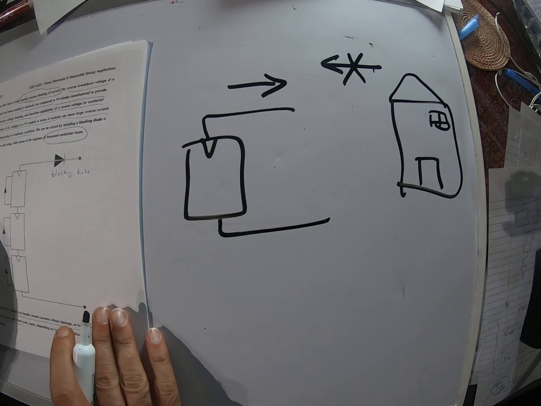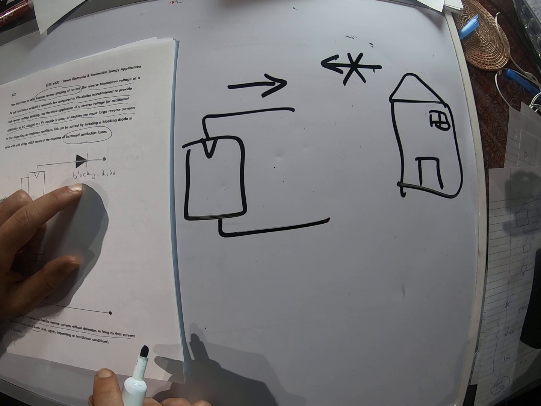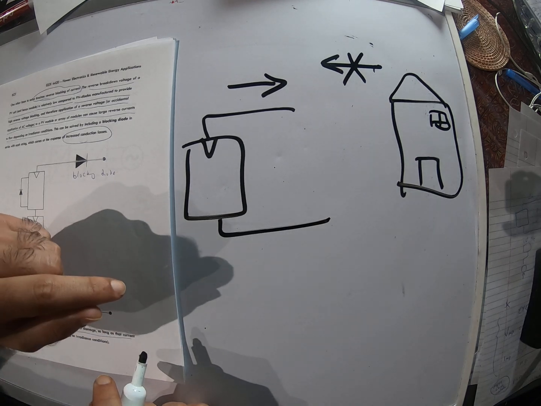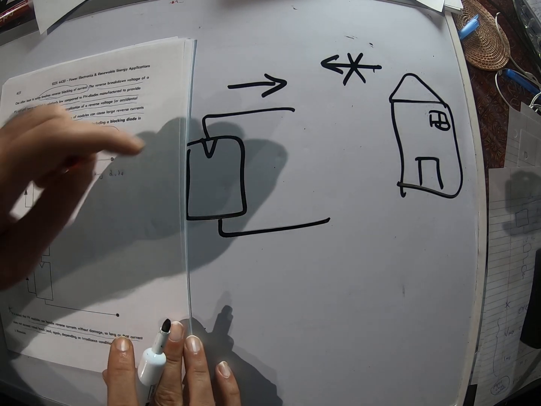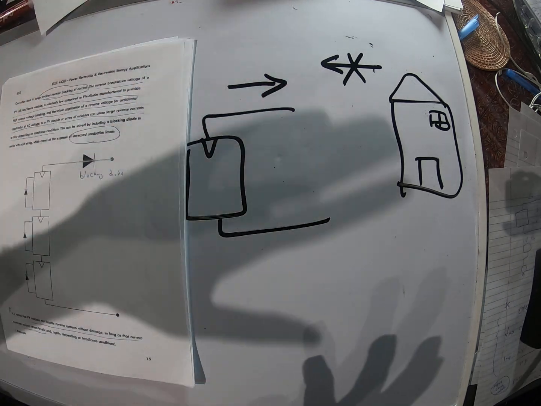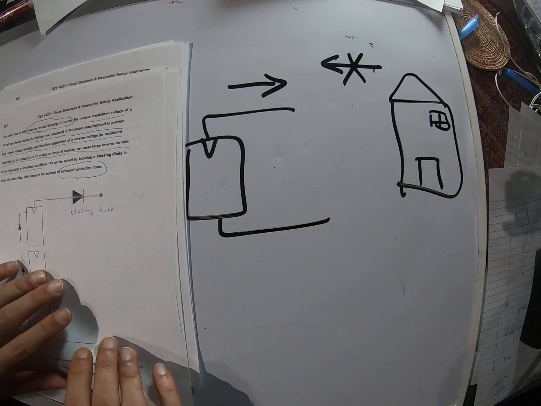That's why we would have a blocking diode, to make sure that the current is never reversed. Of course, it adds more loss to our system, but its advantages are more than the disadvantage.